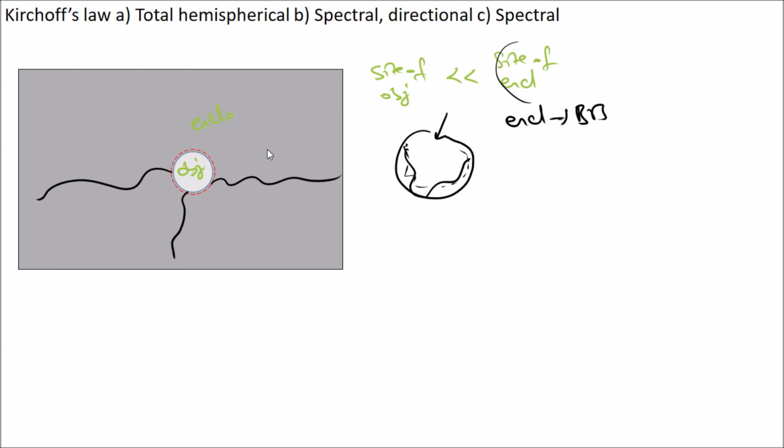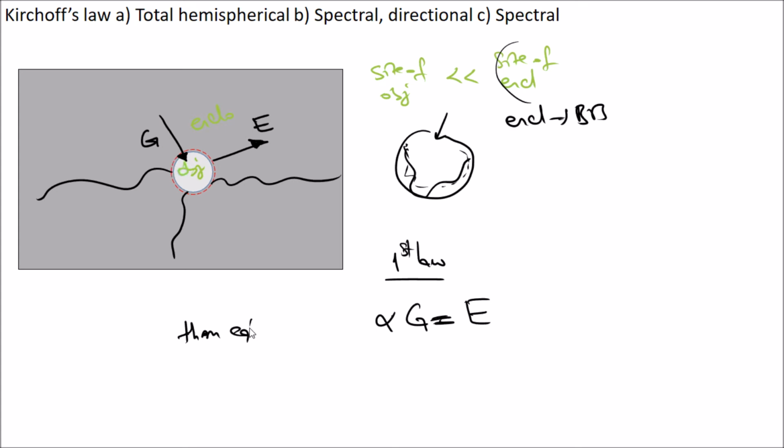This object has an incident radiation on it, which is G, and it emits radiation which is E. If I write the first law for the object, the object will absorb some energy and emit some energy. These two quantities should be equal in thermal equilibrium. In other words, the temperature of the object and the temperature of the enclosure are equal.